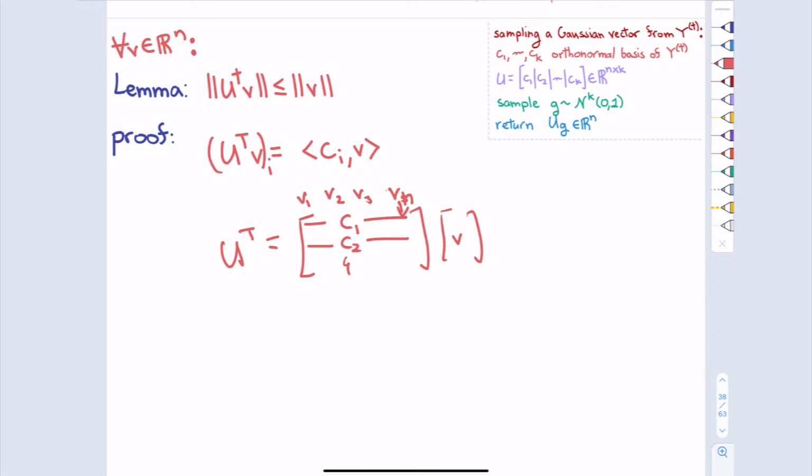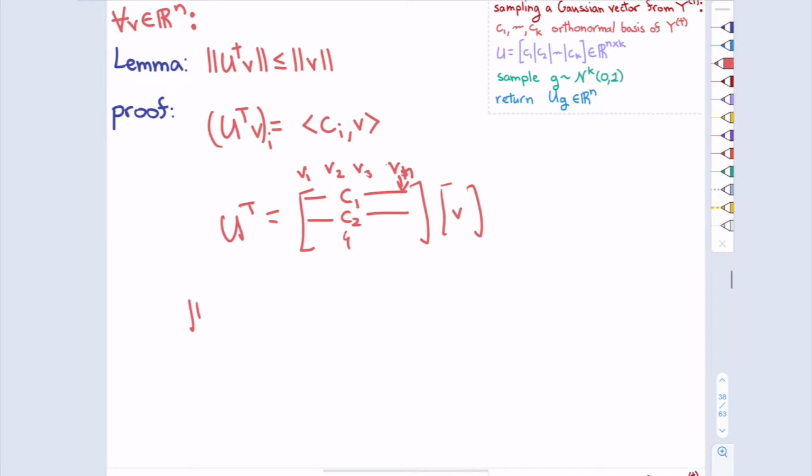Projections never increase the length. To make this 100% clear, the length squared is the sum over i equals 1 to k of the squared dot product of ci and v. It's a sum of squares of the coordinates in that change of basis.